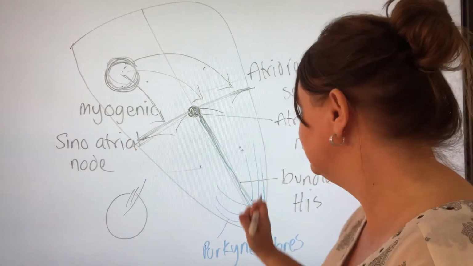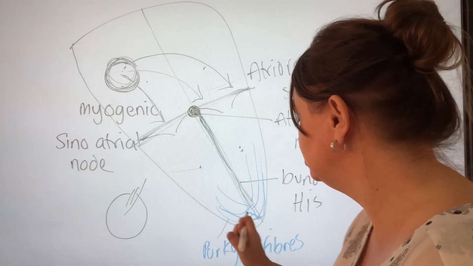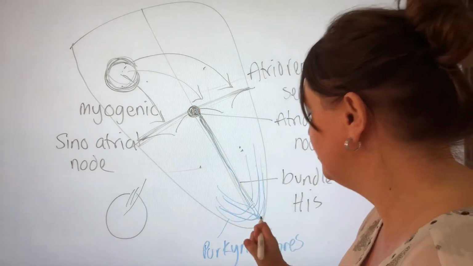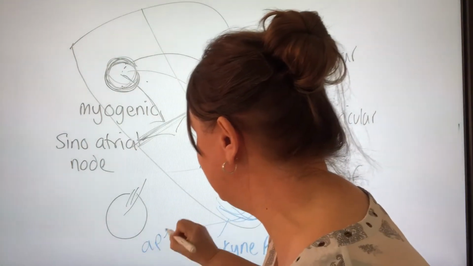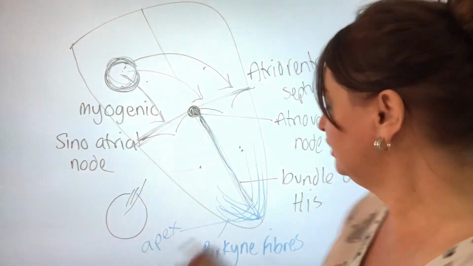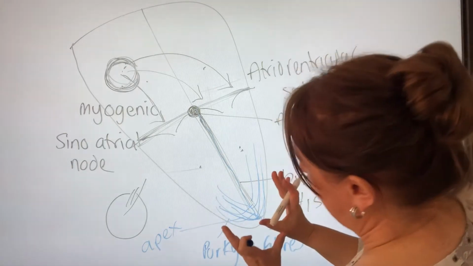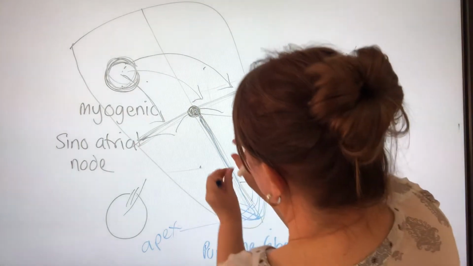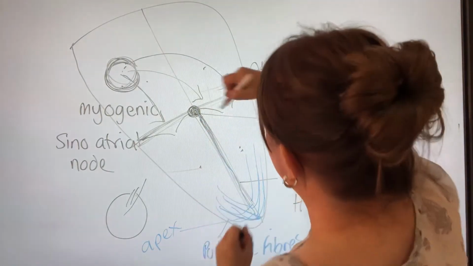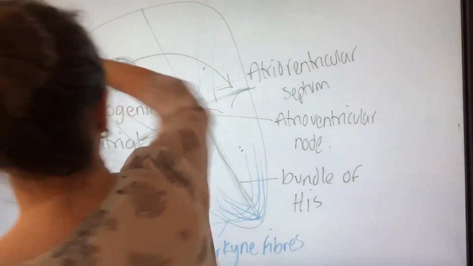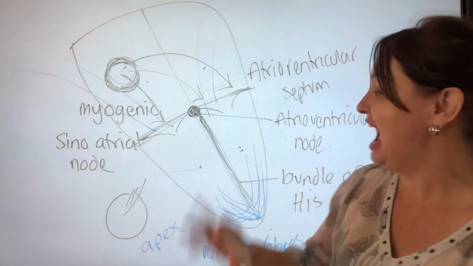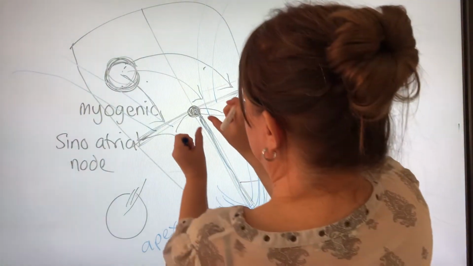And then the electrical excitation starts from the apex of the heart, the pointy bit at the bottom. That ensures then that the wave of electrical excitation squeezes the blood this way, and of course we know that the blood vessels kind of come off like this, and that's the direction we need the blood to go in.